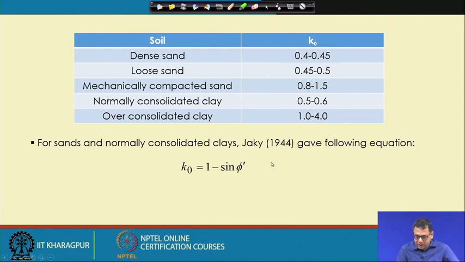Another way: the k 0 expression is mu by 1 minus mu, where mu is the Poisson ratio. Also, Jaky in 1944 gave an expression that if you know the phi value of the soil, you can calculate k 0 as 1 minus sin phi.